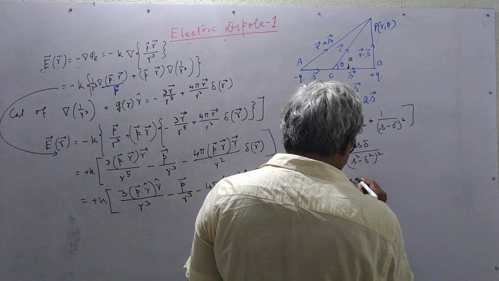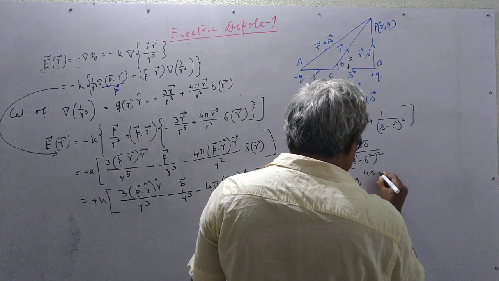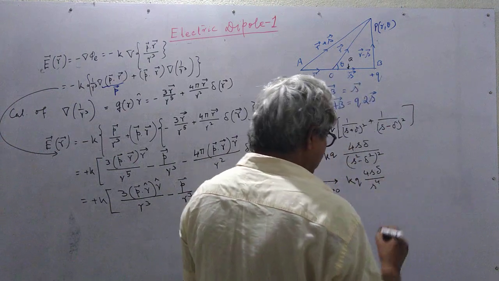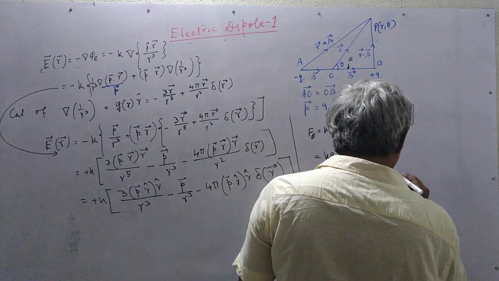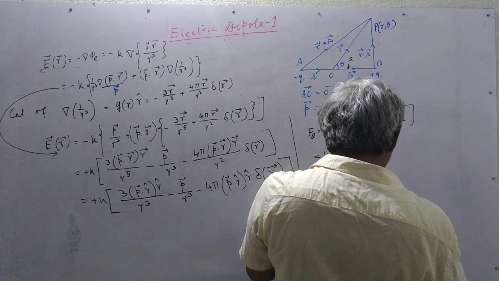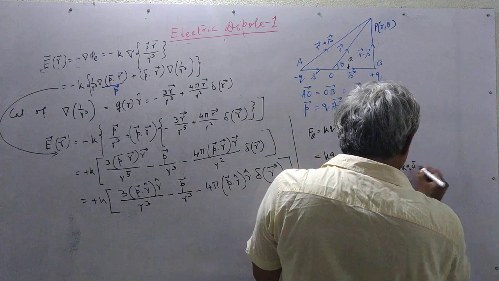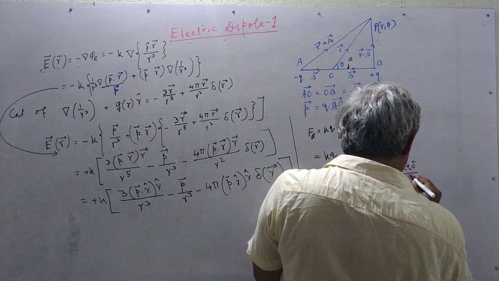This becomes KQ 4 s delta by s to the power 4, that is equal to 4 KQ delta by s cube.